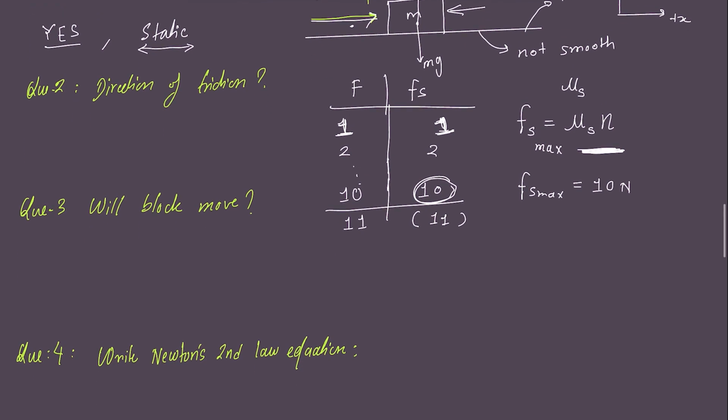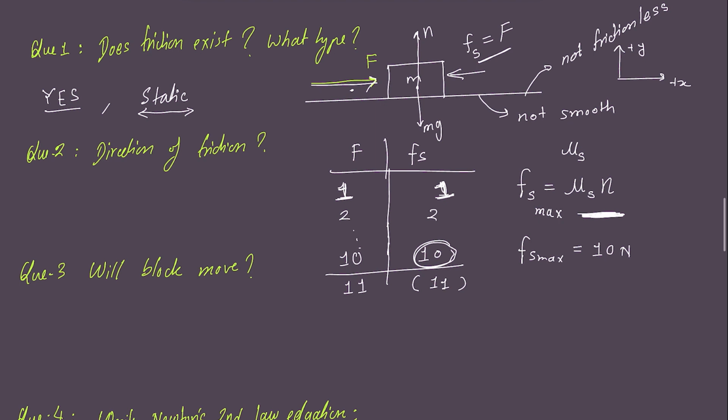The next question is, what is the direction of motion? For the direction of motion, you look for where the motion will be if motion happens. Here we have this force of friction and this applied force. If this applied force wins, the block is going to move to the right.